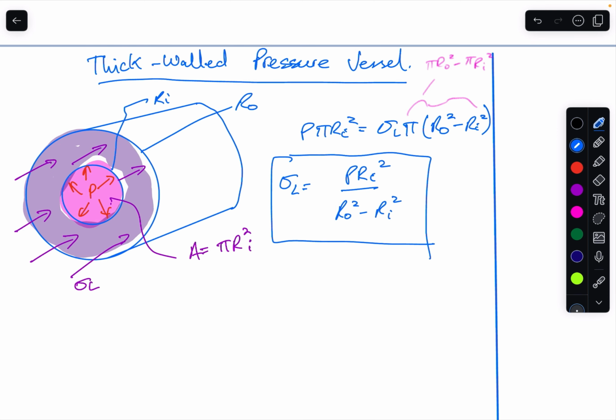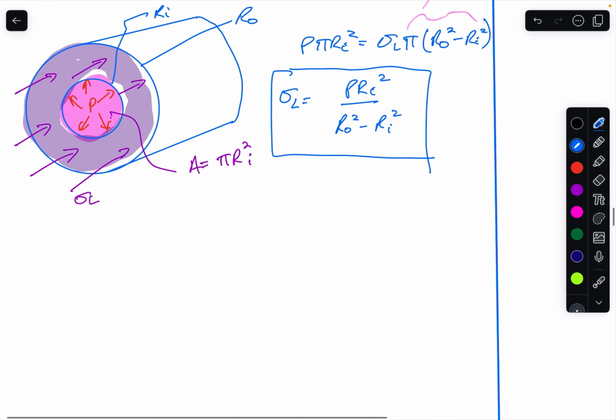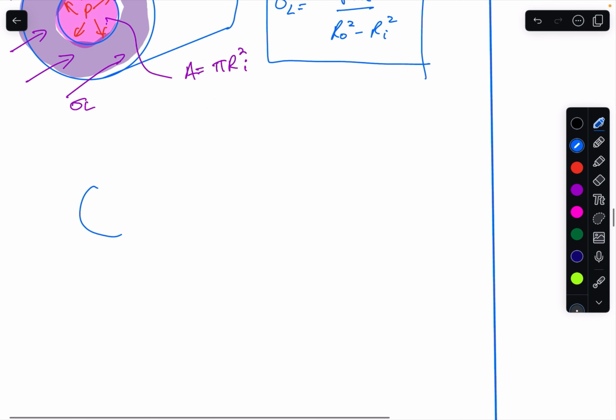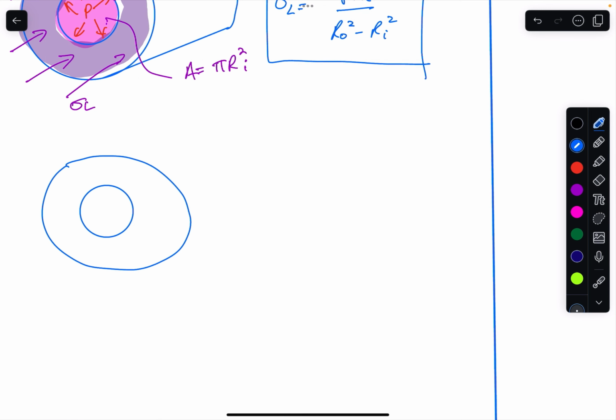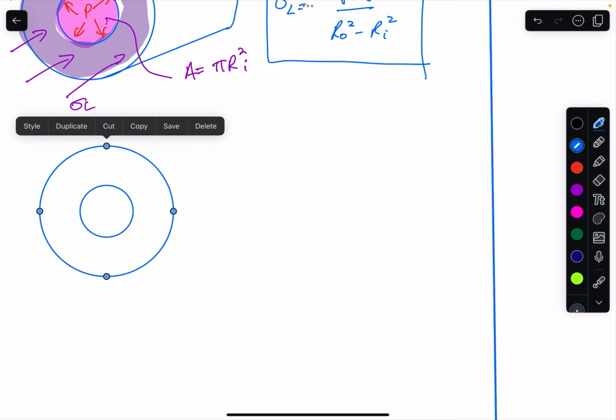But as you will see as we go on in this section, we don't really focus much on the longitudinal stress as we did with the thin wall. That's because, unlike thin wall, we need to consider the radial stress, the stress in the radial direction.